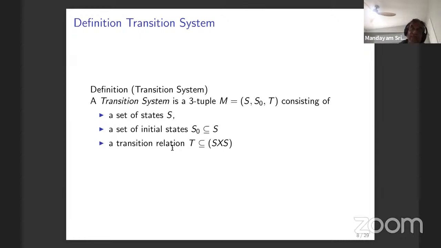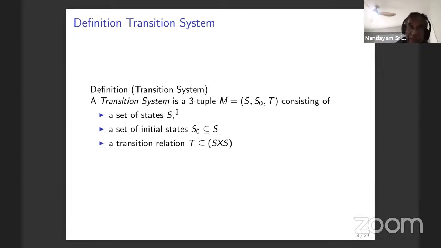And then there is a transition relation, which determines, when the system is in a given state, what the next possible states can be. This can be defined as a relation.